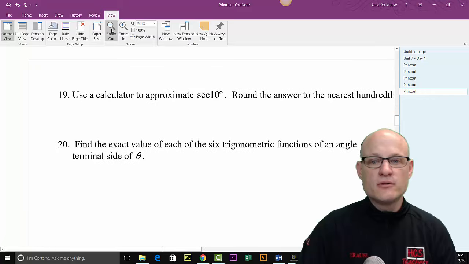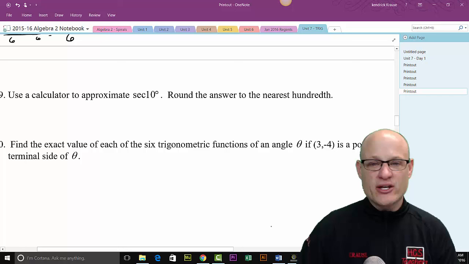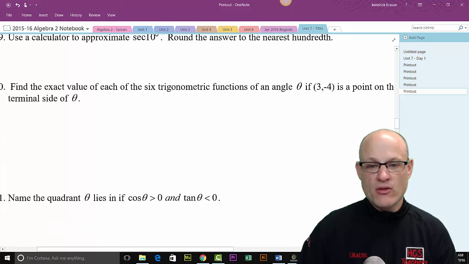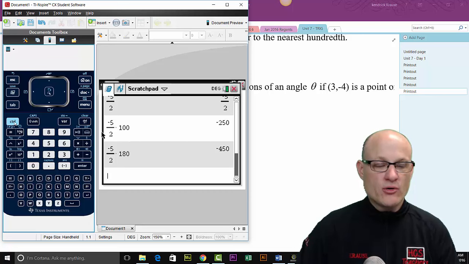So it says, use your calculator to approximate secant of 10 degrees rounded to the hundredths place. Wow, that's really difficult. So we go to our calculator, secant of 10 degrees.